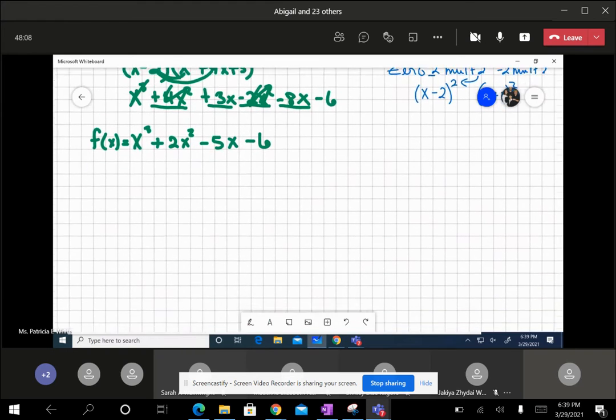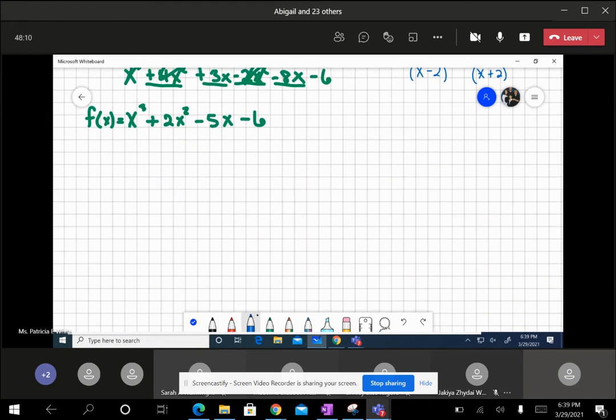What about my x and y intercepts? If f of x is equal to x plus 4, x minus 5, and x plus 5.